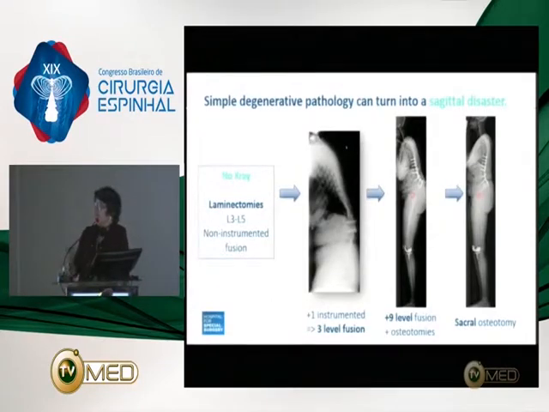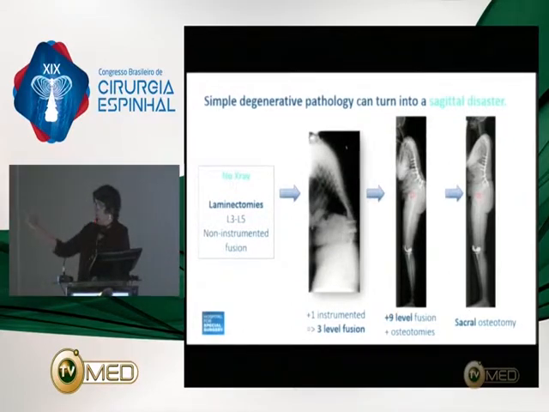This is an example of a patient that came at one point to see Frank. We don't really know what happened. Based on the chart, he had a laminectomy with a non-instrumented fusion. Then a few years after, he was not doing that well, so one more level with some screws, and then he was still a terrible patient, so a long fusion.